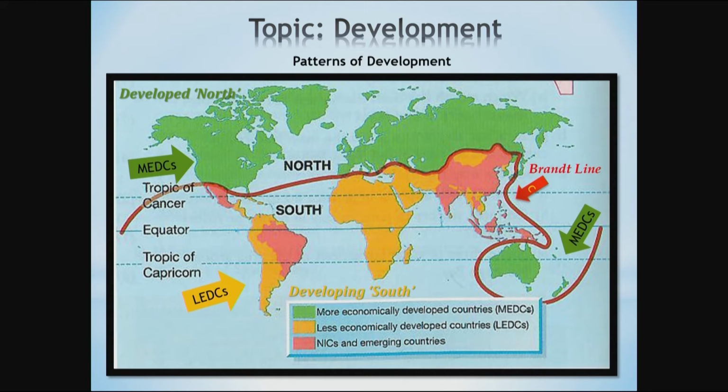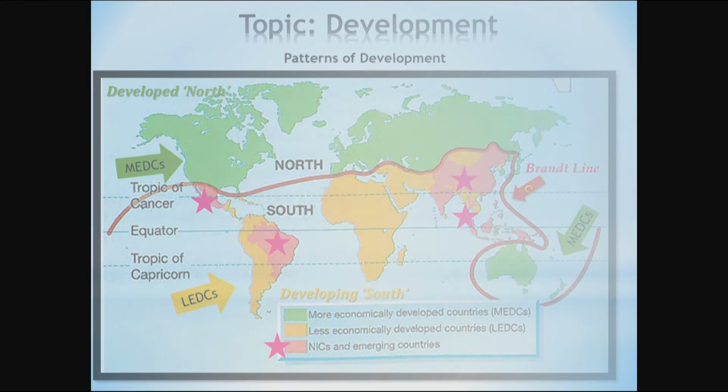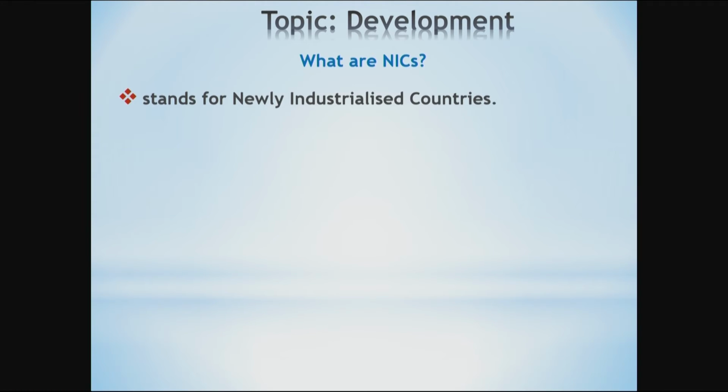NICs and emerging countries is another category, shaded in light pink, and I've put the pink stars there to highlight them further. So what are NICs? NIC stands for newly industrialized countries.